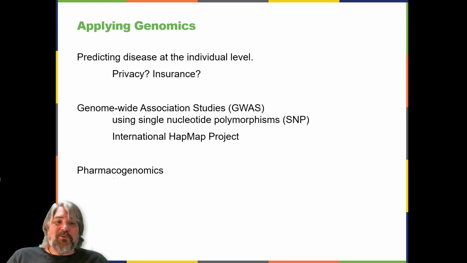Such defects only account for about 5% of diseases found in developed countries. Most of the common diseases, such as heart disease, are multifactorial or polygenic, which refers to a phenotypic characteristic that is determined by two or more genes, and also environmental factors such as diet.